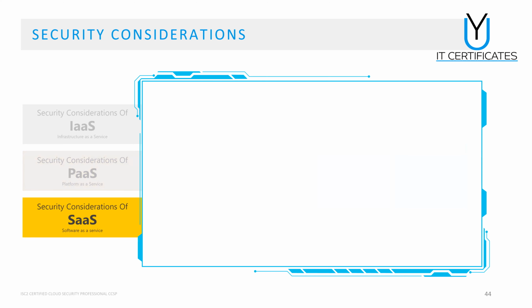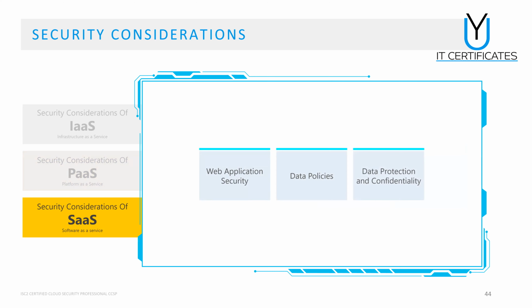Finally, for the SaaS: the web application security, data policy, and data protection and confidentiality. Of course, in the SaaS, as we mentioned, most of the applications are accessed through web browsers, or they are web applications. And web applications, unfortunately, are very famous due to the problems and the attacks they are subject to.